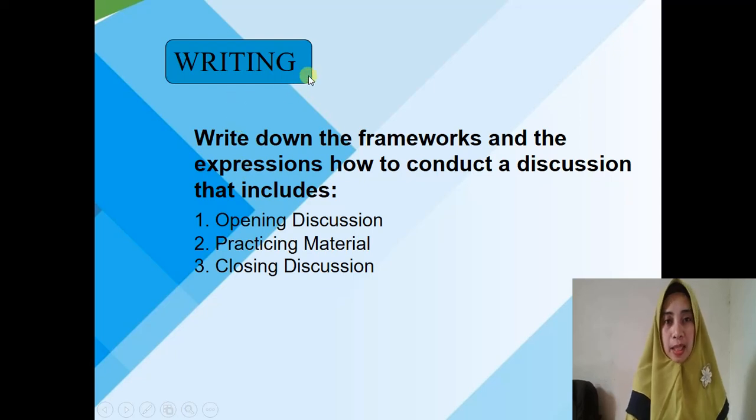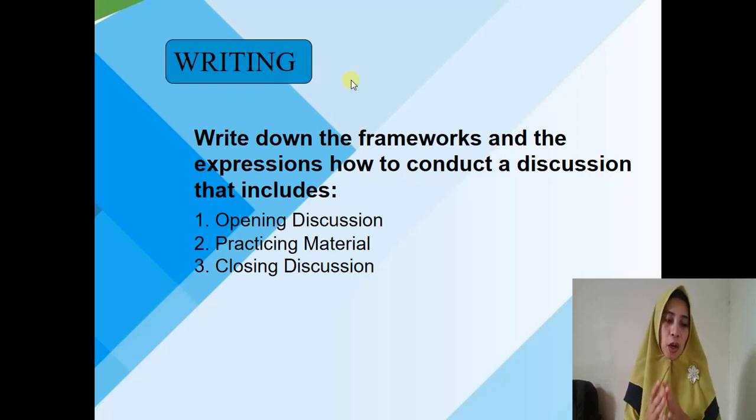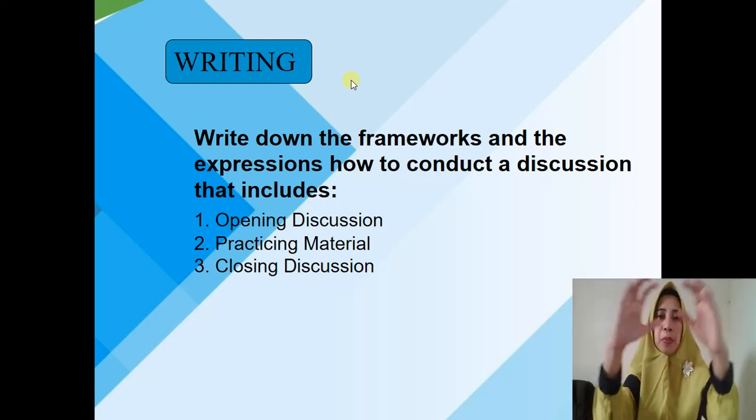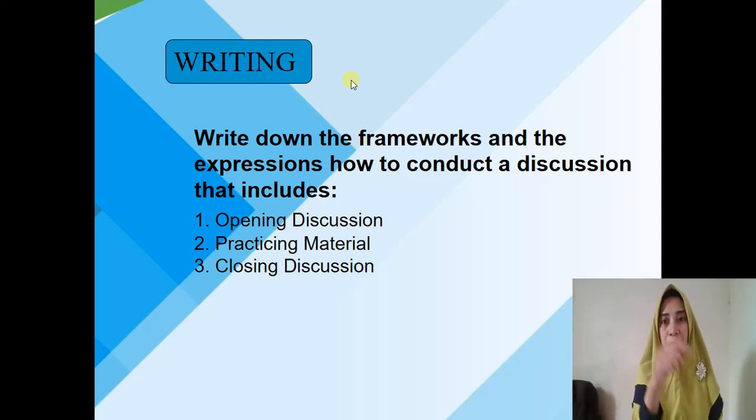In writing skill, for English class online learning today, please, you are expected to be able to write down the frameworks and the expressions of how to conduct a discussion. That includes opening discussion.